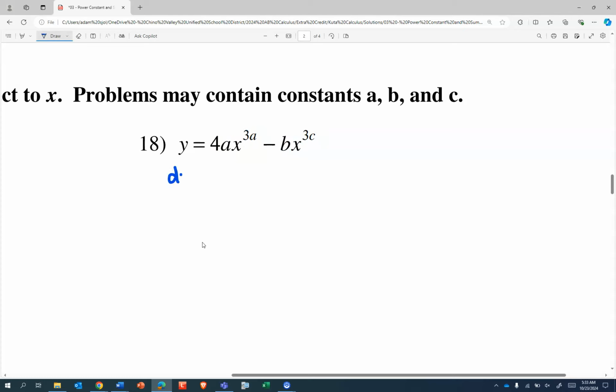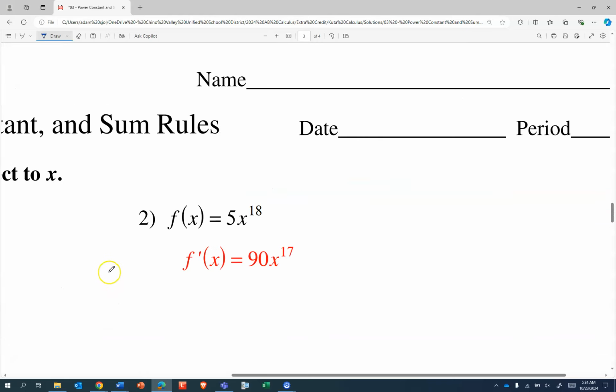Okay, so dy dx is going to be, well, a constant 4a times our exponent 3a is 12a squared, and then x to the power 3a minus 1, which we can't simplify because we don't know what a is. And then 3c times b, so we'll write 3bc, x to the power 3c minus 1. Well, hopefully they match these answers.